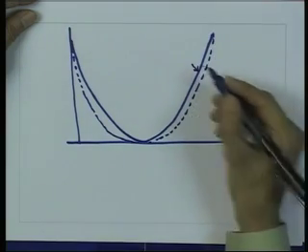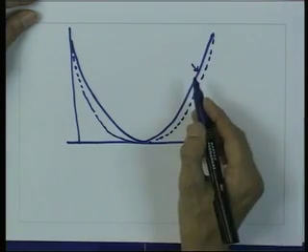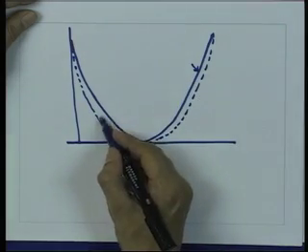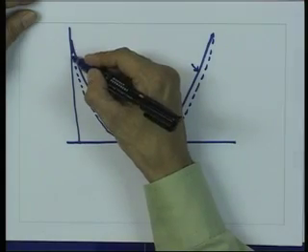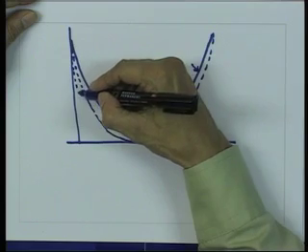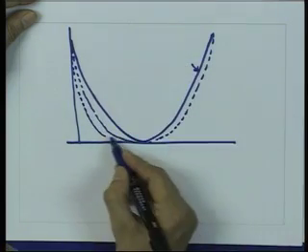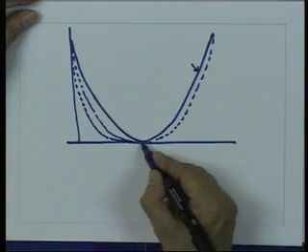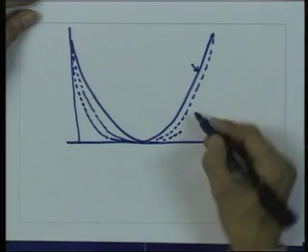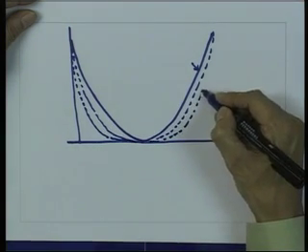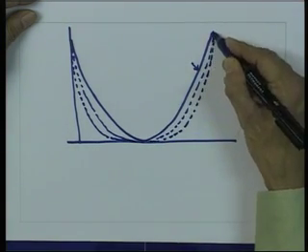This is IAB, this is IAC, and finally, we have IAD indicated here.